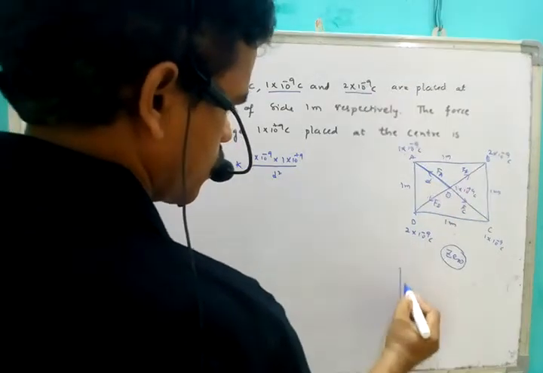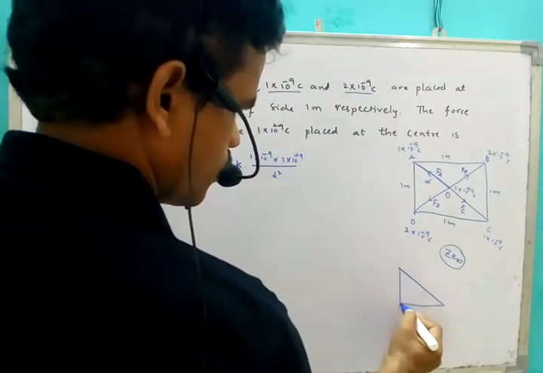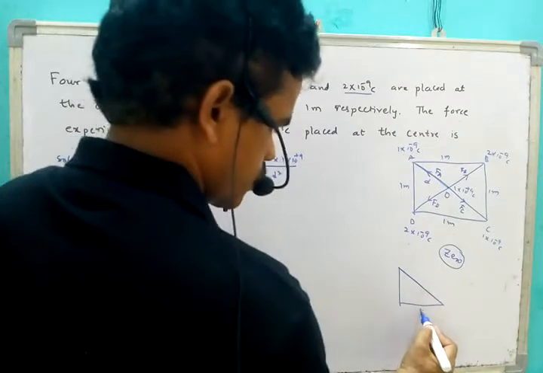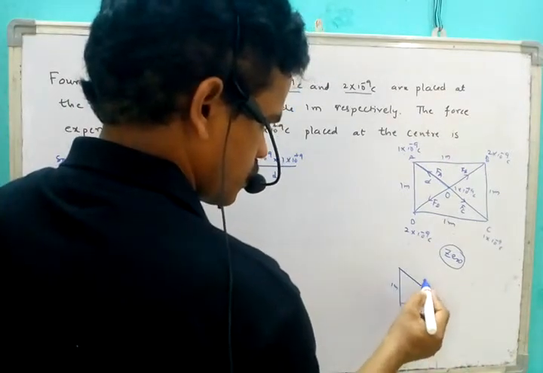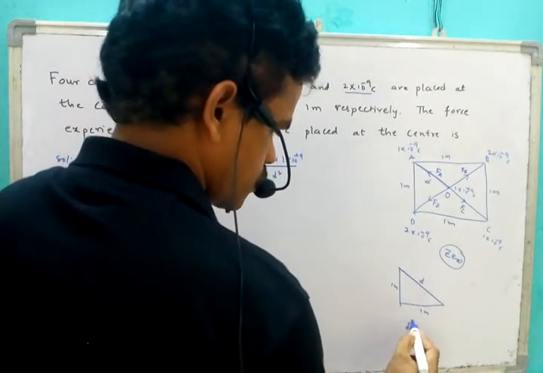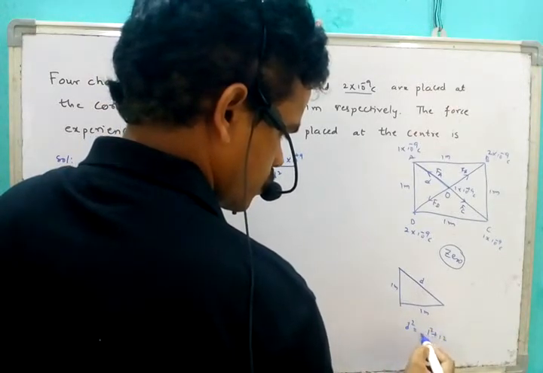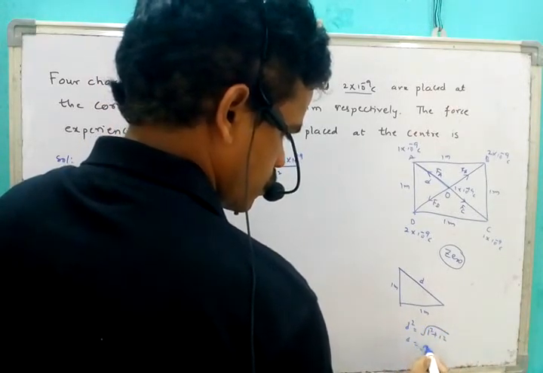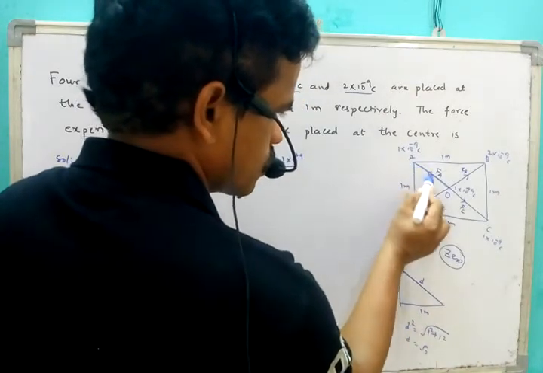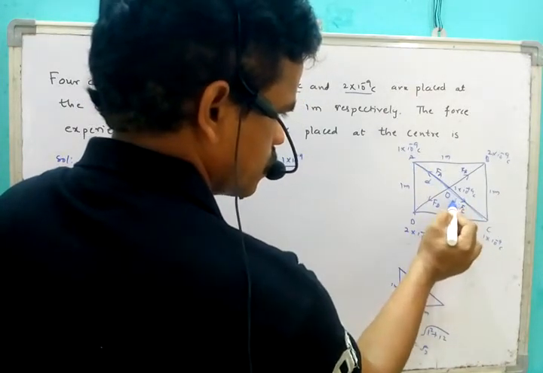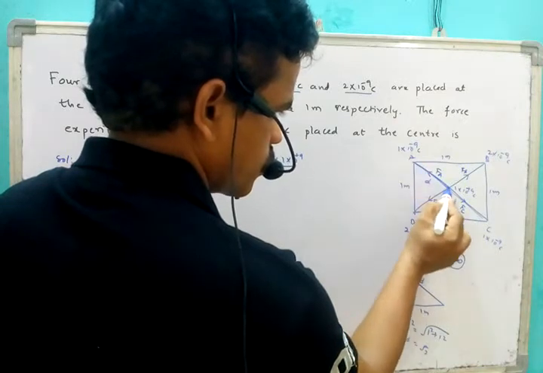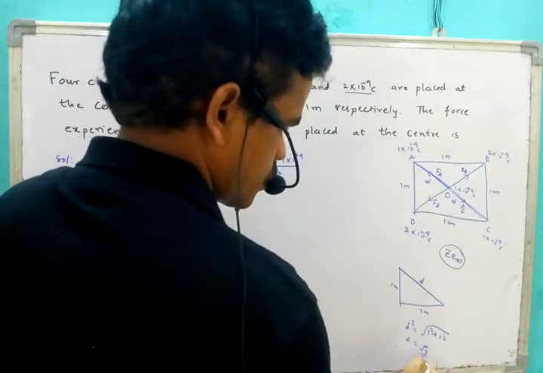So take a right angle triangle here. This is 1 meter side, 1 meter side. This is D. D square equal to 1 square plus 1 square. So D equal to root 2. So this total distance will be D. We want only D by 2, that is root 2 by 2.